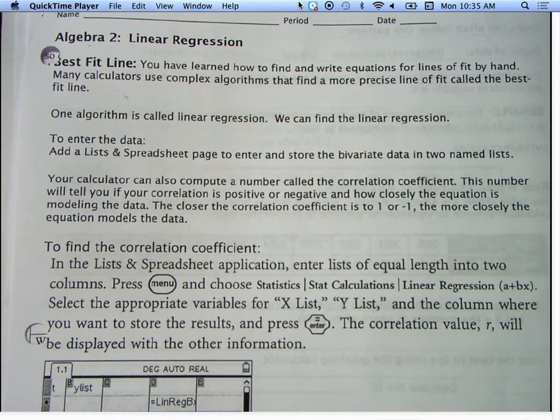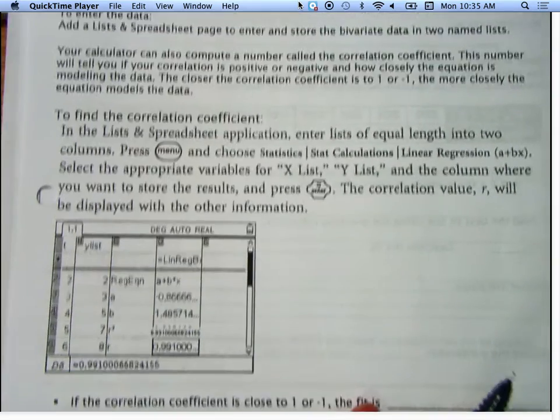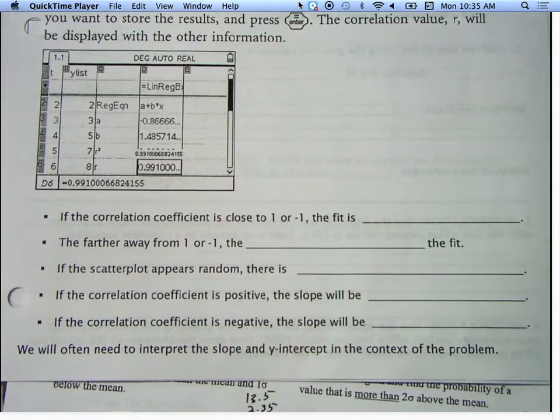Okay, so I am going to give you a list of numbers, and we're going to figure out how to do it in our spreadsheet.